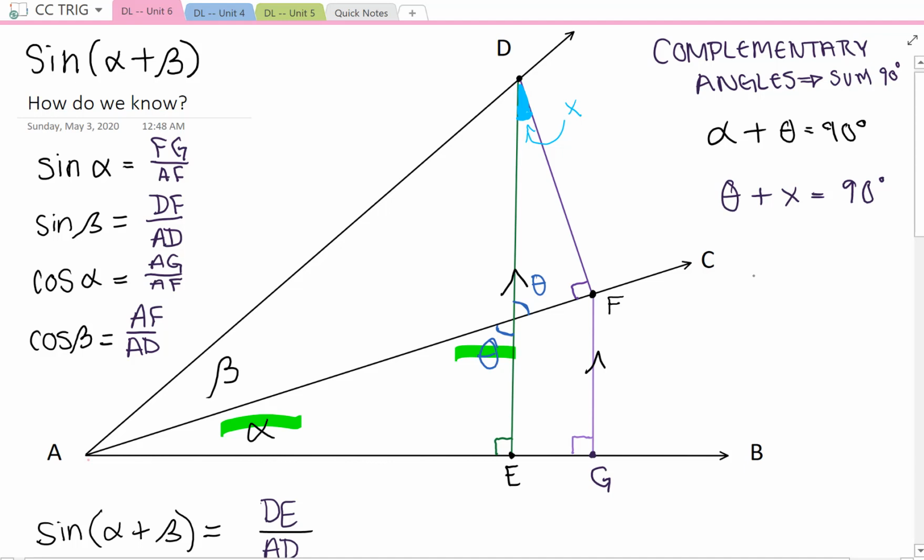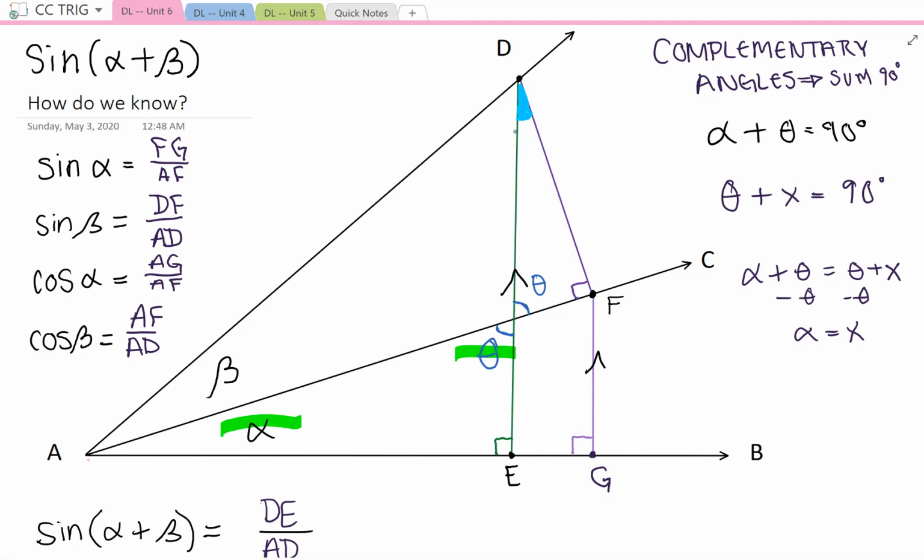If alpha plus theta is 90 and theta plus x is 90, then alpha plus theta is the same as theta plus x. If you subtract theta, then you get that alpha is equal to x, which was pretty intuitive, right? Alpha is equal to x. So we found an angle that is equal to alpha that could potentially help us later.